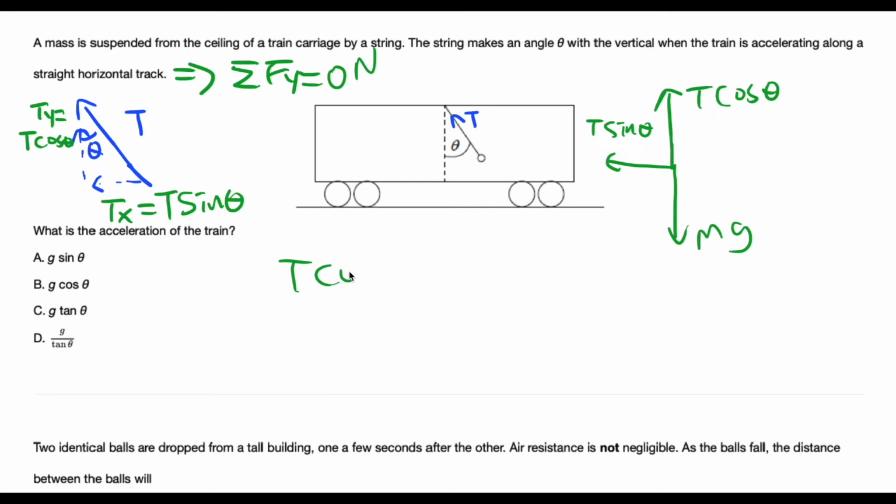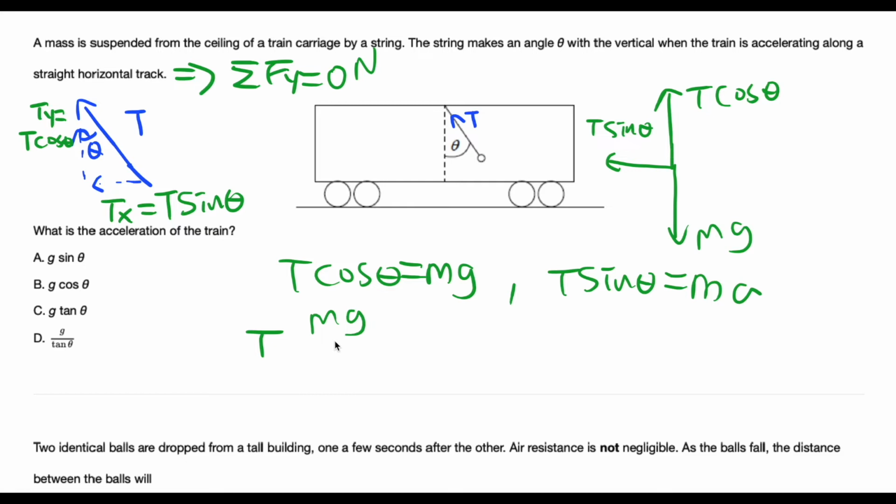So T cosine theta is going to be equal to the weight of the mass, so equal to mg. And the force in the horizontal direction, T sine theta, is going to be equal to the net force, so mass times acceleration. So from this we know that tension is equal to mg over cosine theta, and acceleration is equal to T sine theta divided by mass.